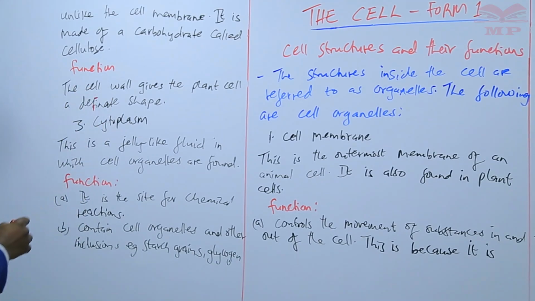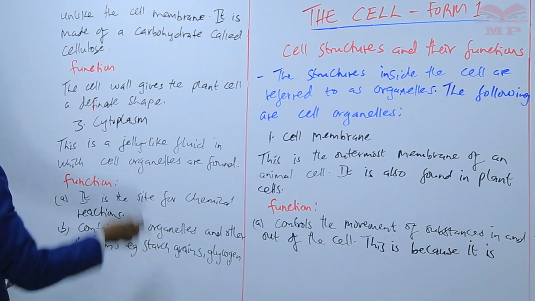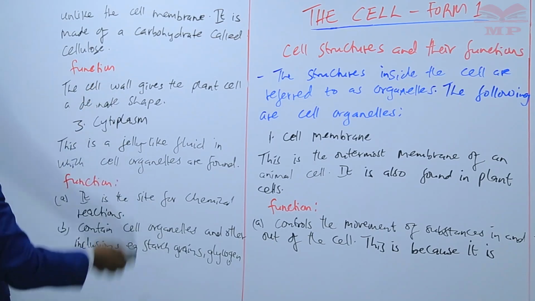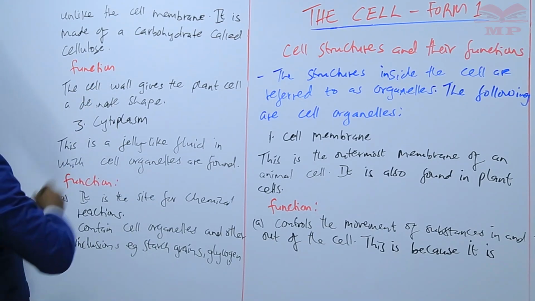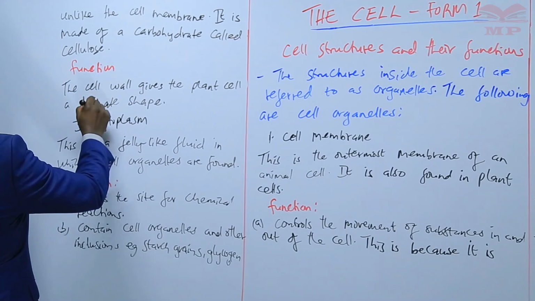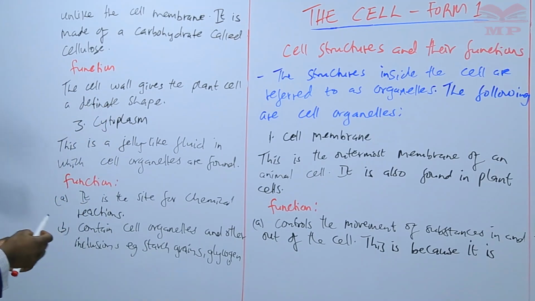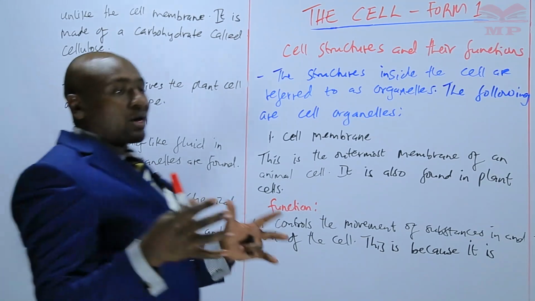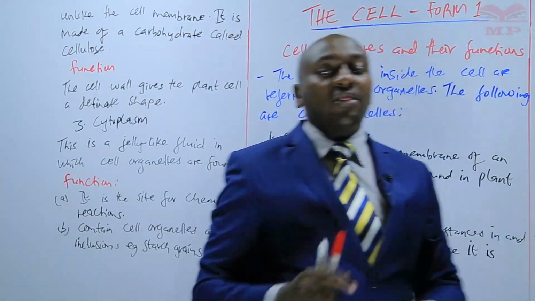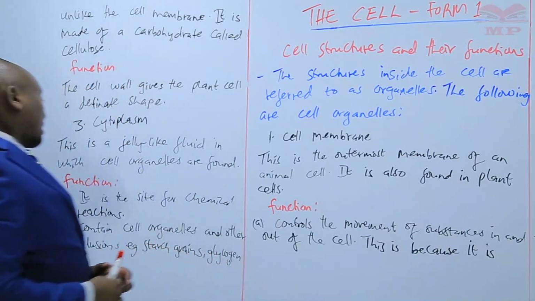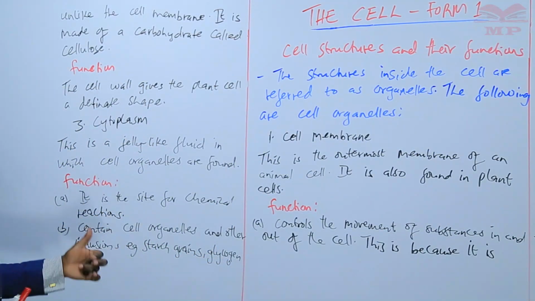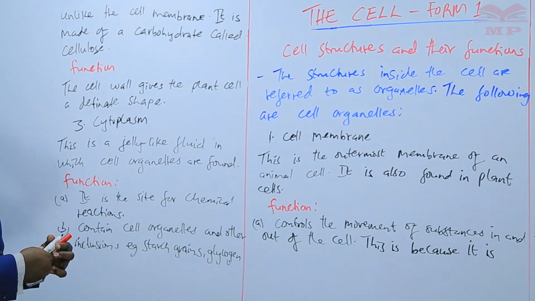Then we have the cytoplasm. This is a jelly-like fluid in which cell organelles are found. Most of the cell organelles are found embedded within the cytoplasm. The function, it's the site for chemical reactions. Chemical reactions occur there.